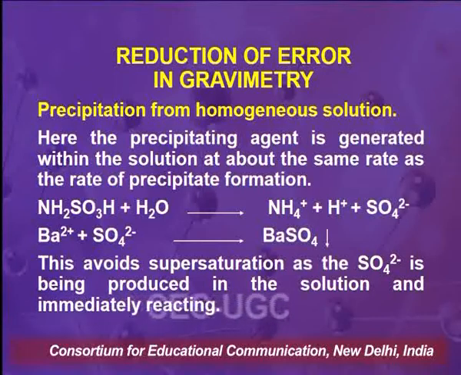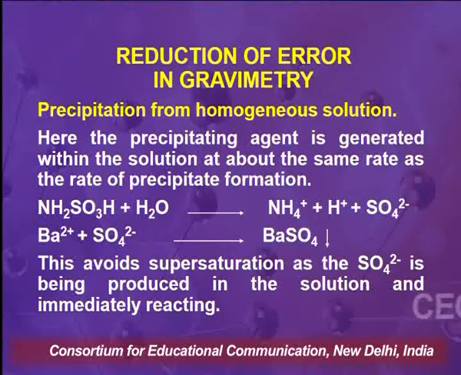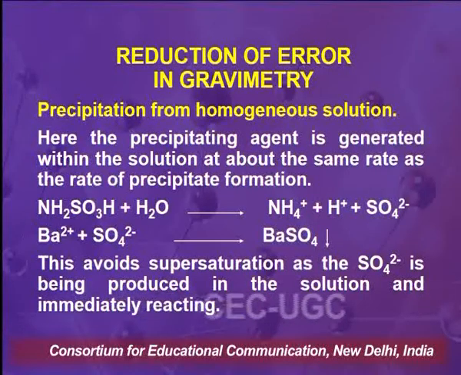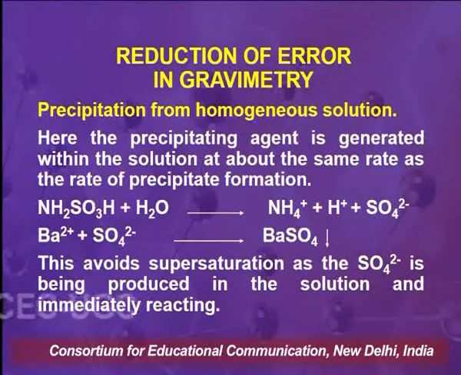So, there is no precipitating agent added from outside, or as we say, there is no external precipitating agent, but the precipitating agent, which is the sulfate ions, is being produced within the solution and is forming a precipitate with the barium ions.